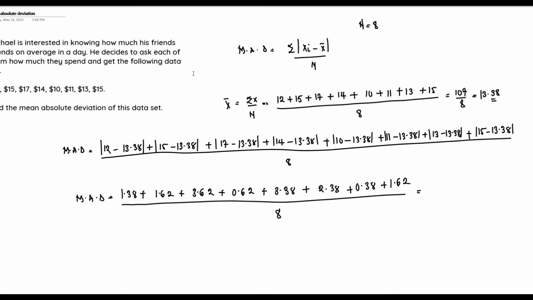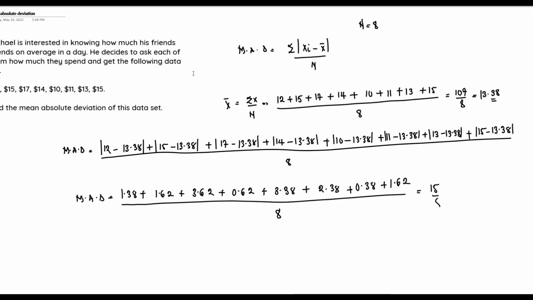So we have 1.38 plus 1.62 plus 3.62 plus 0.62 plus 3.38 plus 2.38 plus 0.38 and plus 1.62, and that gives us 15.